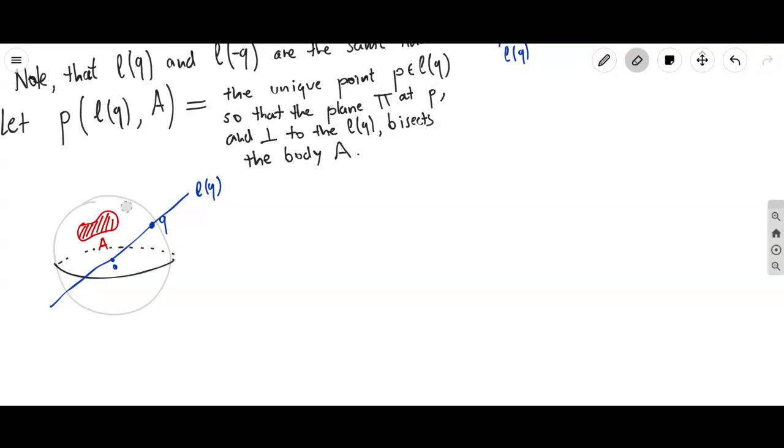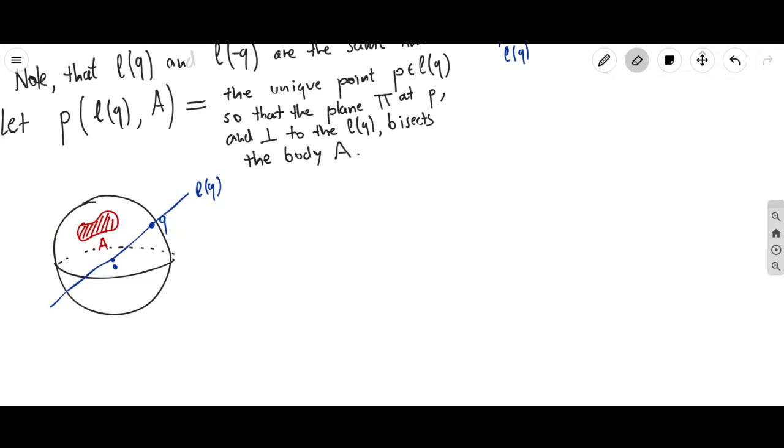So it's exactly what we were saying earlier. By the intermediate value theorem, this has some finite number. Let's say this has a volume of 15 units. So when you draw a plane, the moment it touches it, it's going to be some small number. And as you keep on moving it in one direction, the volume will grow. It will get bigger and bigger and bigger. By the intermediate value theorem, you're going to reach 7.5. You're going to reach the midpoint, the bisection of the volume. It does not matter how this is positioned. You can position the line anywhere.